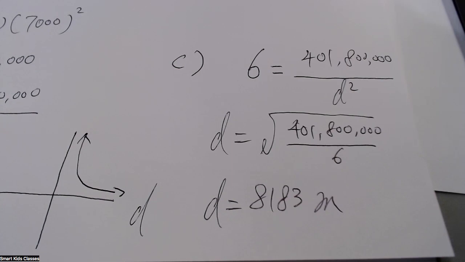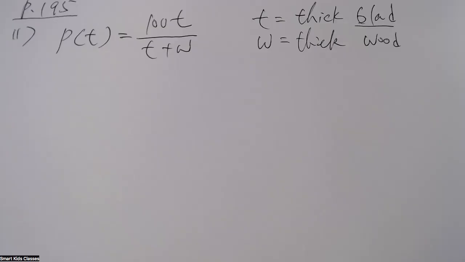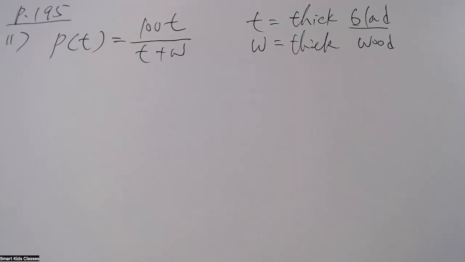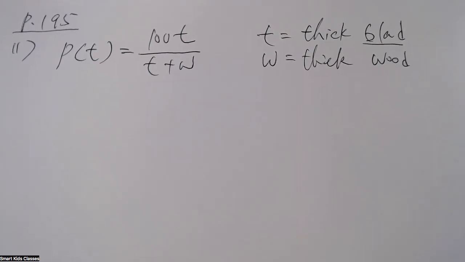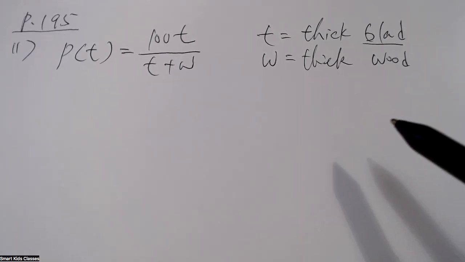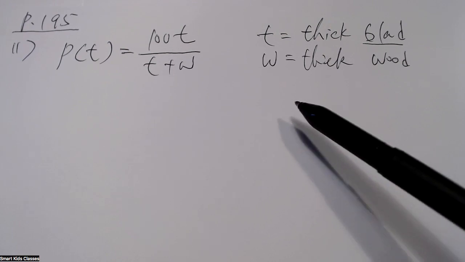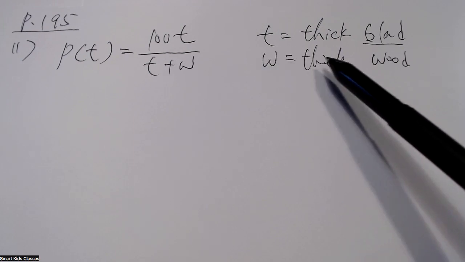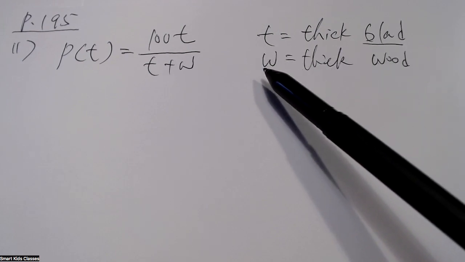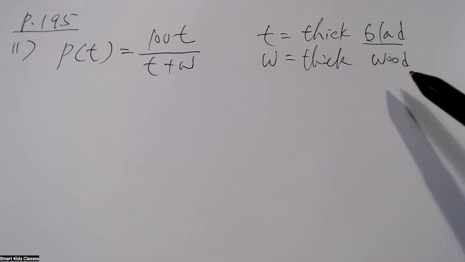We're going to do question 11. Question 11 provided you the function P of T is equal to 100T over T plus W. What does T stand for? The thickness of the blade. W stands for the thickness of the wood.